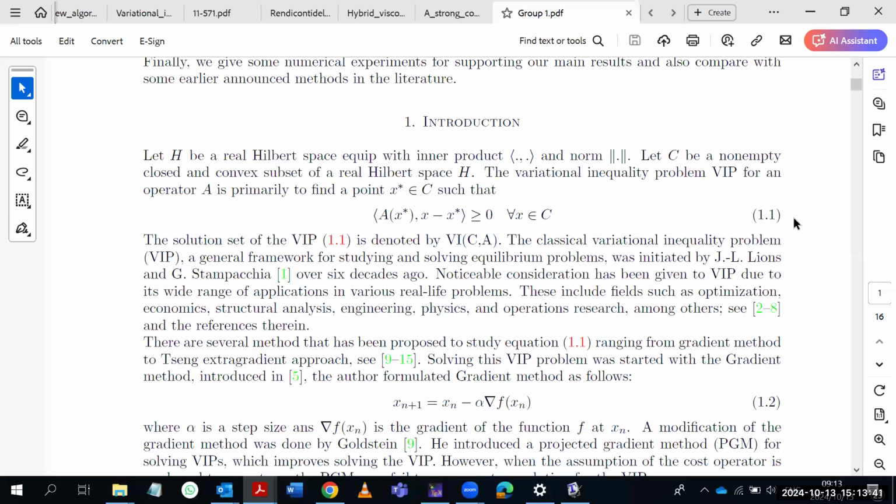And the solution set of this one, we define it, and we show the notation for the variational inequality problem.